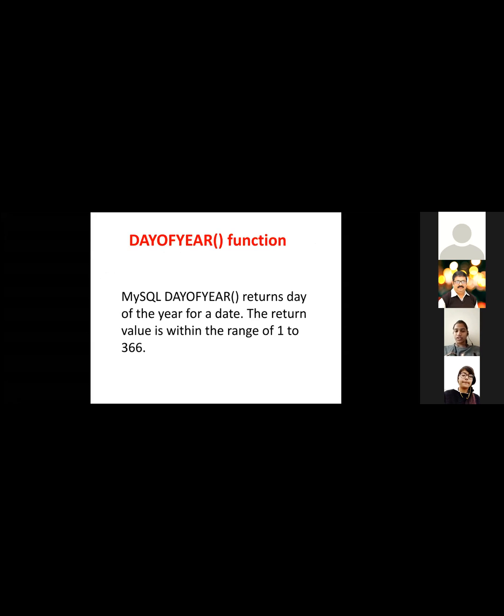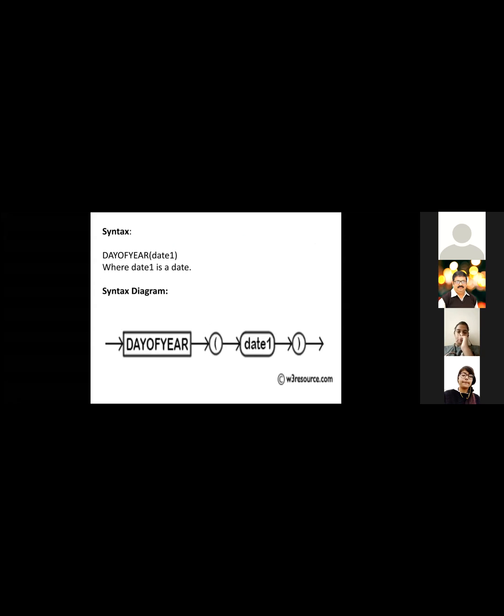DAYOFYEAR function. The DAYOFYEAR function returns the day of the year for a date. The return value is within the range of 1 to 366. Syntax: DAYOFYEAR(date1), where date1 is a date, and this is the syntax diagram.